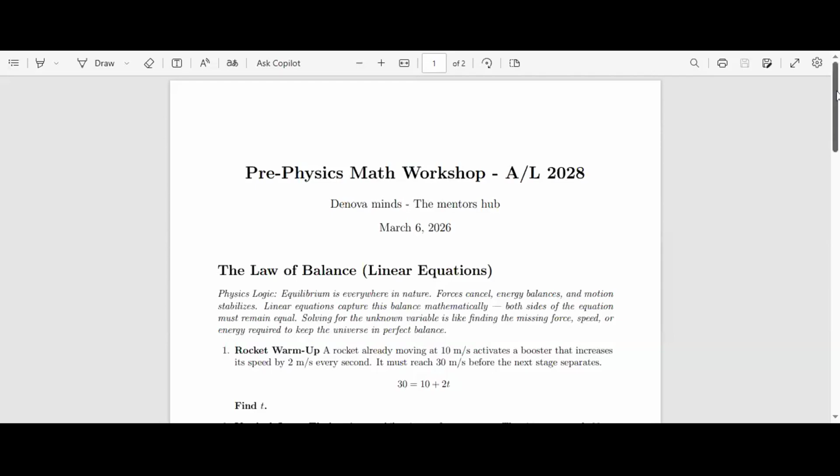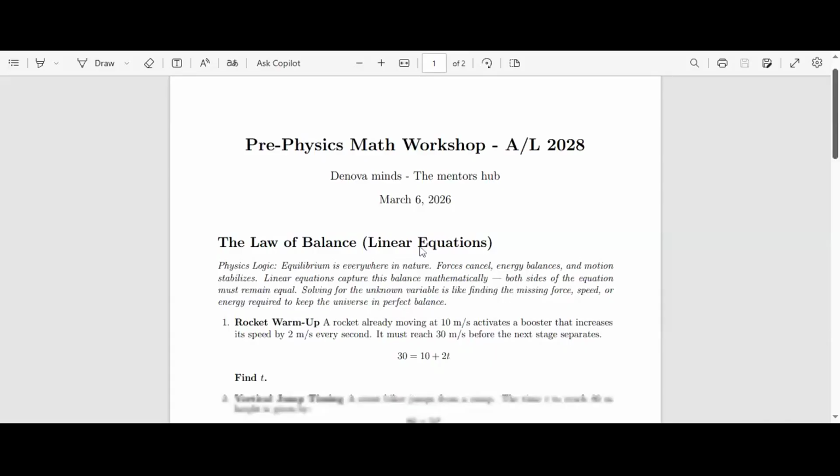If we start from the first question, you can see something about rocket warm up. Let's say a rocket already moving at 10 meters per second activates a booster that increases its speed by 2 meters per second every second. It must reach 30 meters per second before the next stage separates.